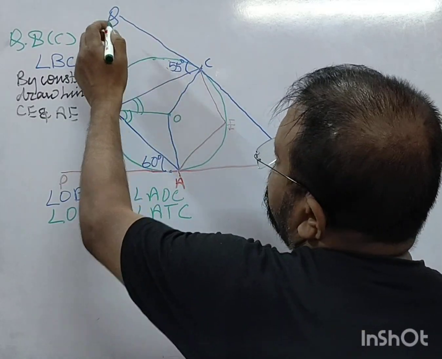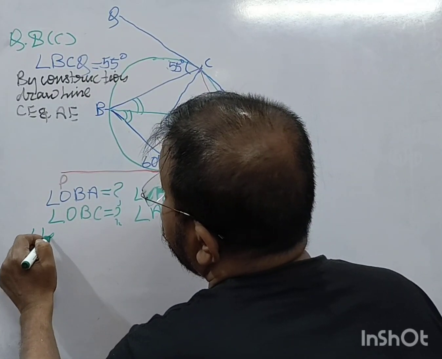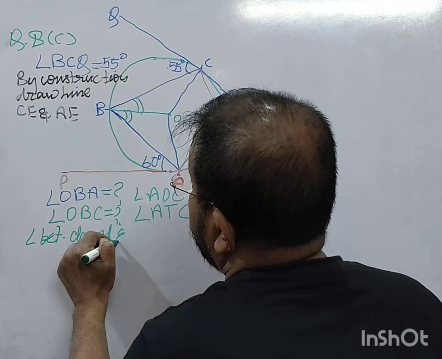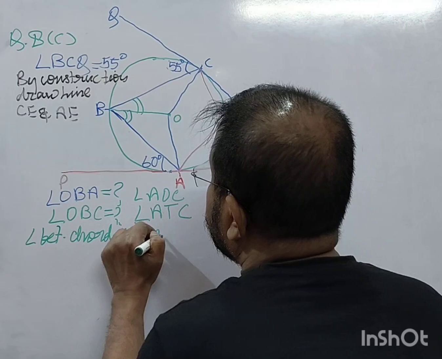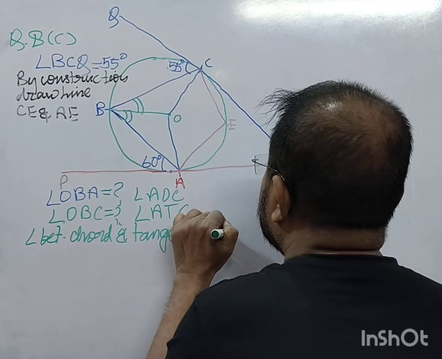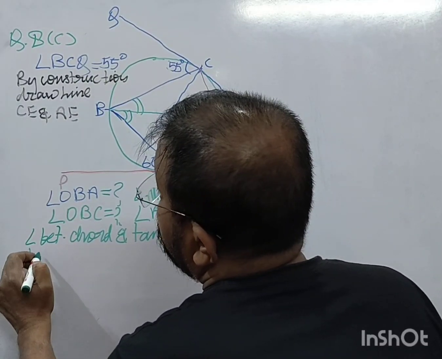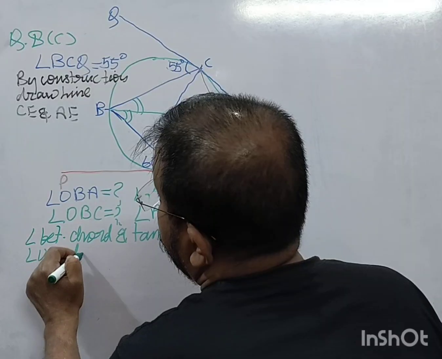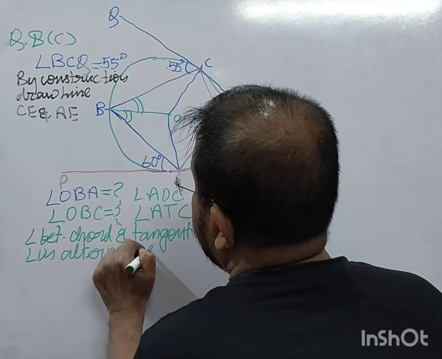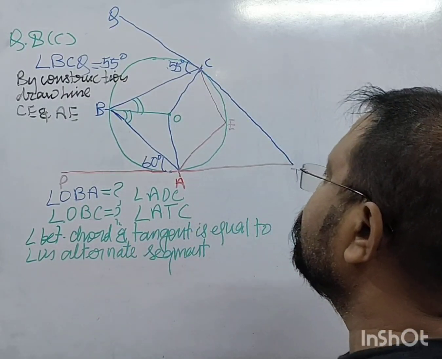This is chord, this is tangent. So angle between chord and tangent is equal to angle in alternate segment.